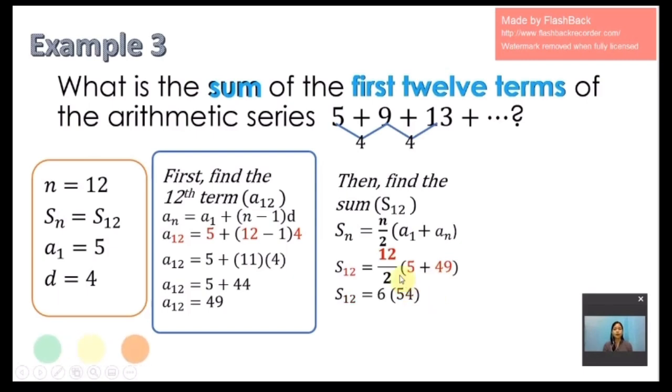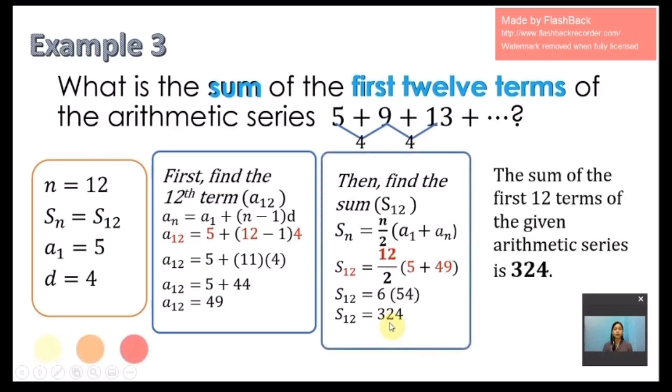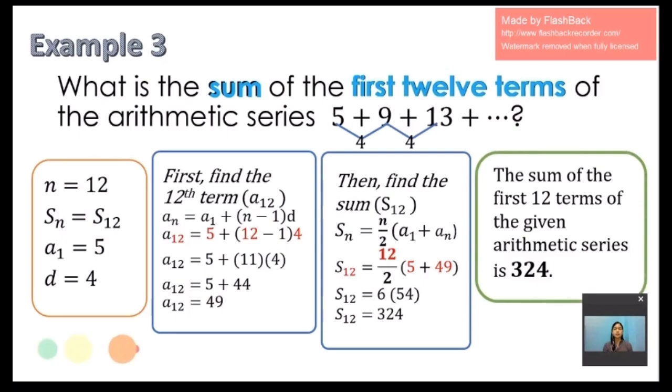Simplifying further, 12 divided by 2 is 6, times the quantity of 5 plus 49, which is 54. Multiplying, we have 324. Therefore, the sum of the first 12 terms of the given arithmetic series is 324.